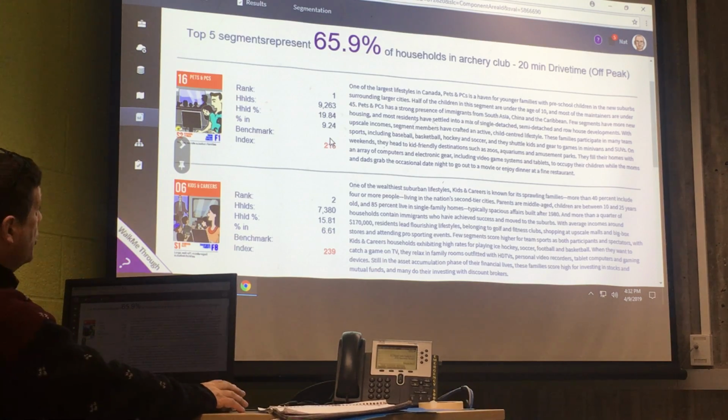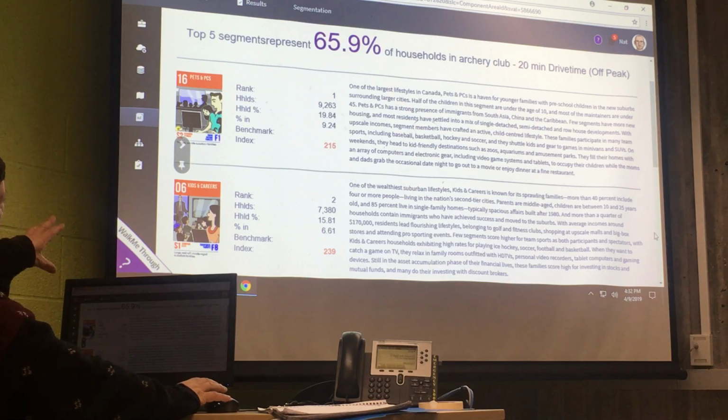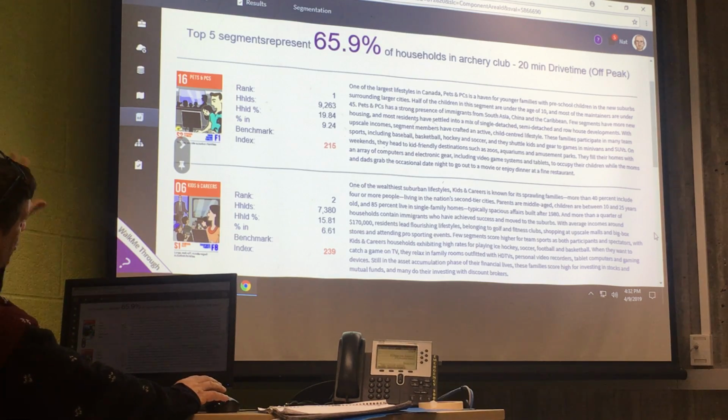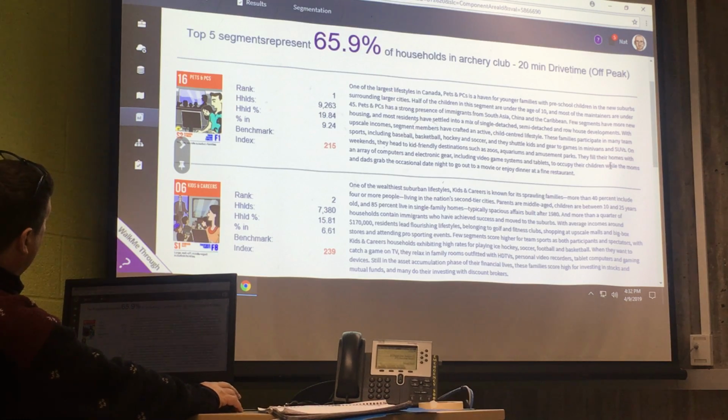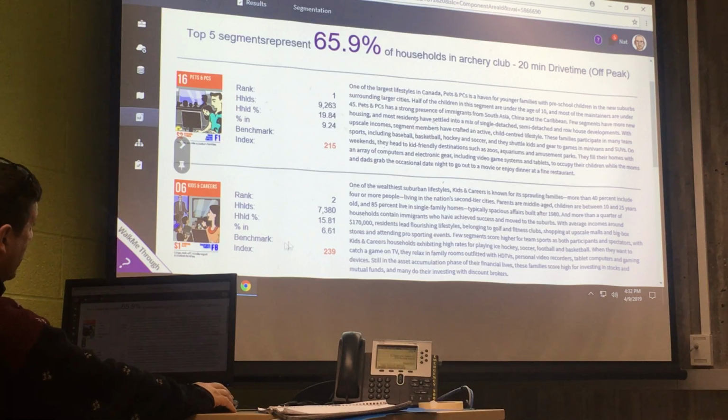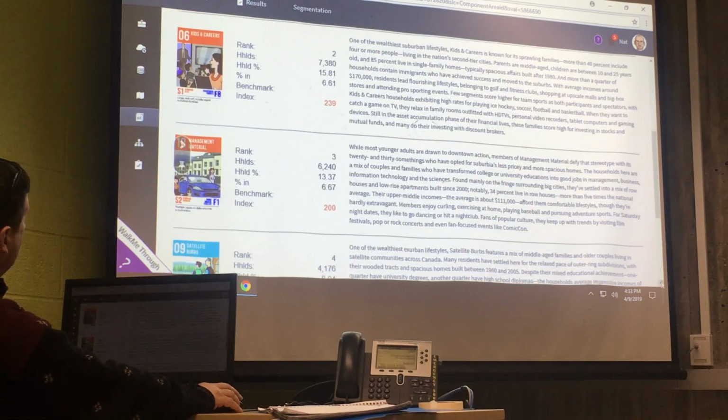That means it has more than double the proportion of households in this area that are pets and PCs than the city of Ottawa. Similarly, kids and careers are 15.81% of the households in this area versus 6.61% in the city of Ottawa.